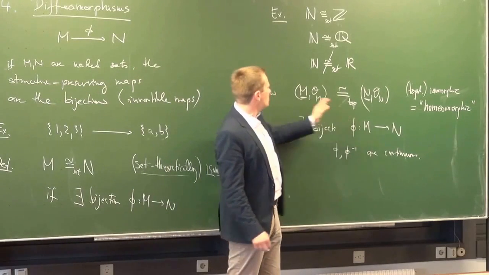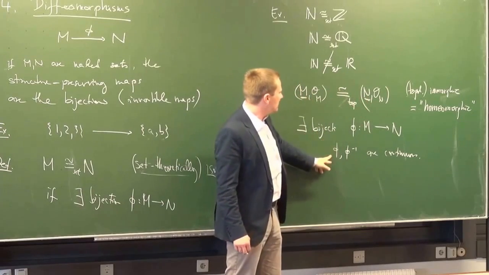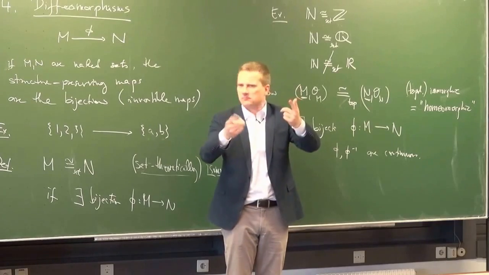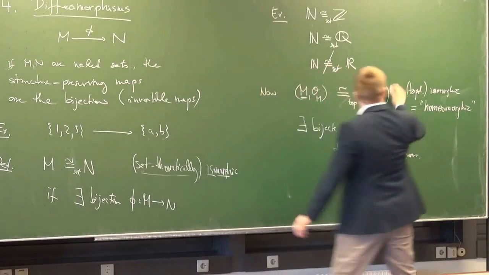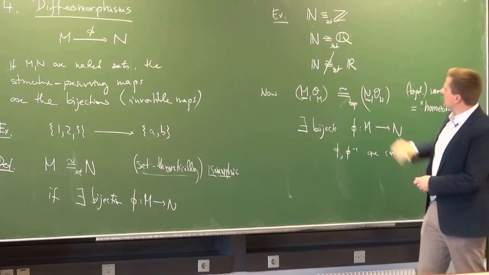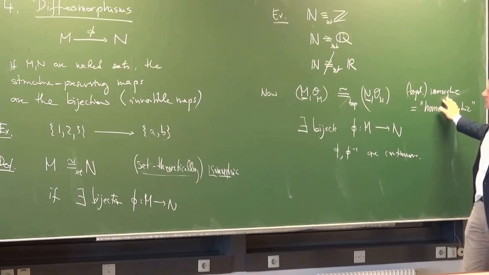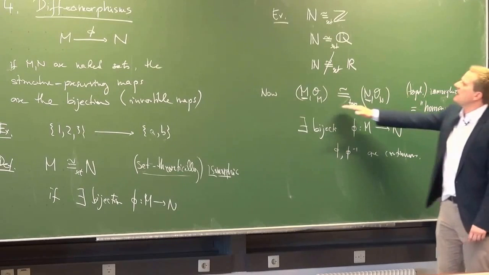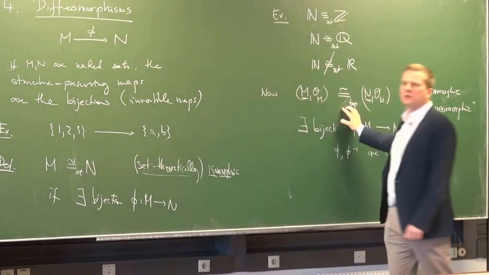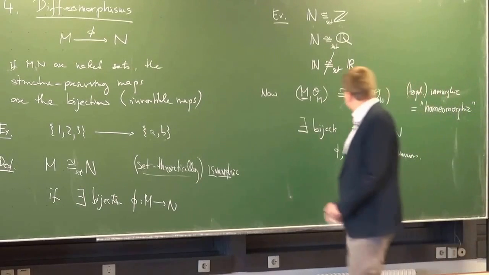So you add the condition: not only do I want there to be a bijection, I want there to be a bijection which in both directions is continuous. If that exists, there may be several of those, then I call the two spaces topologically equivalent. And it's clear, if two spaces are topologically isomorphic or homeomorphic as one says, then of course they're also set theoretically isomorphic. This is a stronger notion. I look at the sets more closely. Okay?